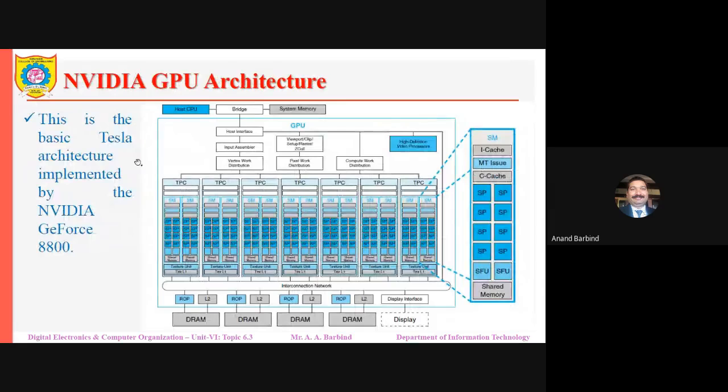Now, having seen the characteristics, this is the architecture of a typical NVIDIA GPU, the GeForce 8800. You can see that there are a large number of processors in this. On the right side you can see various cores.